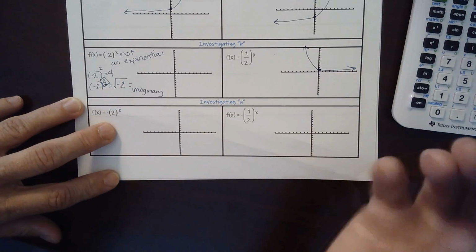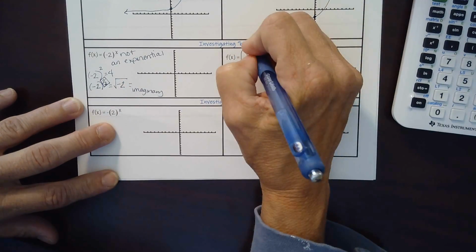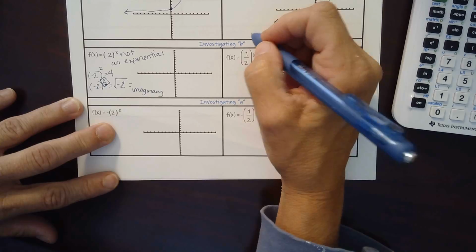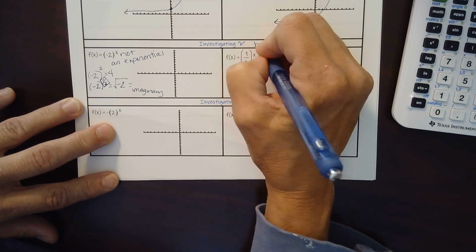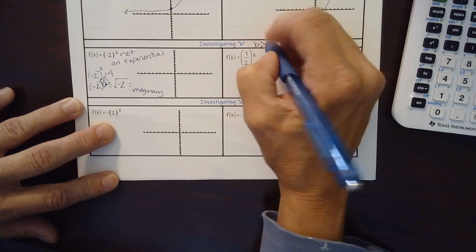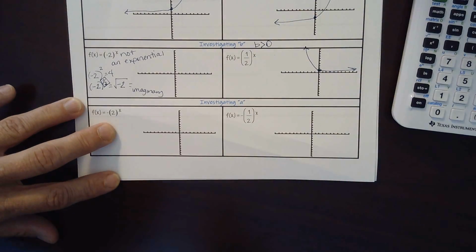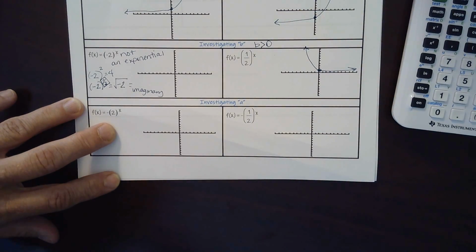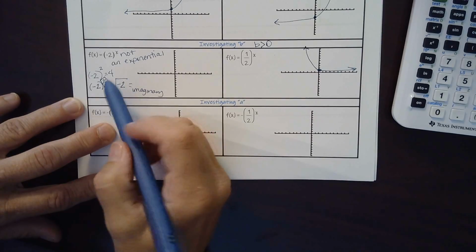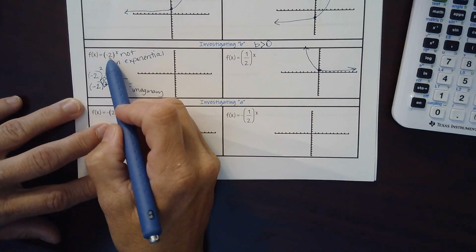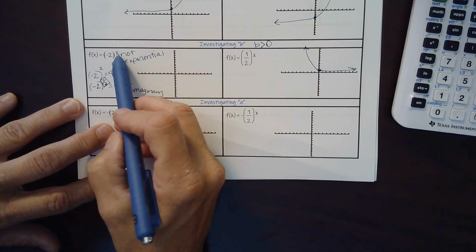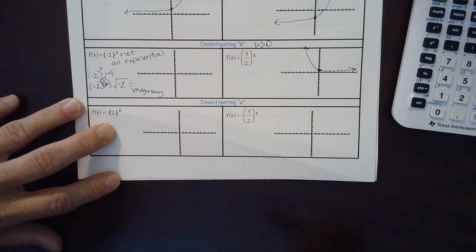So in other words, we must clarify that for an exponential function, b has to be positive. So we say b has to be greater than 0. When the base is negative, there are values for x that have to be excluded from the domain.